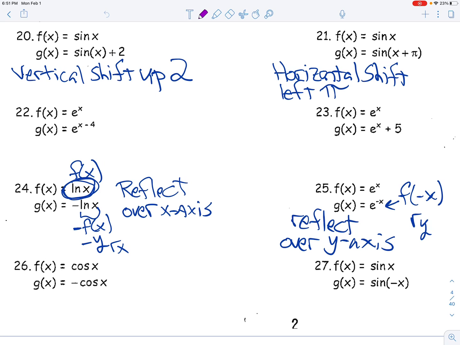Now remember, to tell the difference between a vertical and a horizontal shift, I say if the number is in with the x, that's a horizontal shift. If it's not in with the x, then it's a vertical shift.